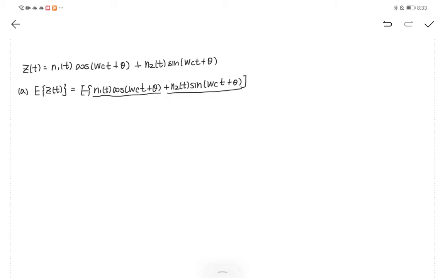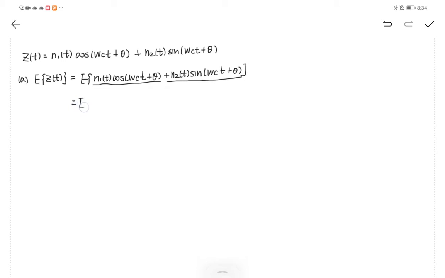And we also know that all the processes and variables are independent, so we can separate them into 4 parts directly. The expectation of N1(t) multiplied by the expectation of cosine(omega_c t plus theta), plus the expectation of N2(t) multiplied by the expectation of sine(omega_c t plus theta).